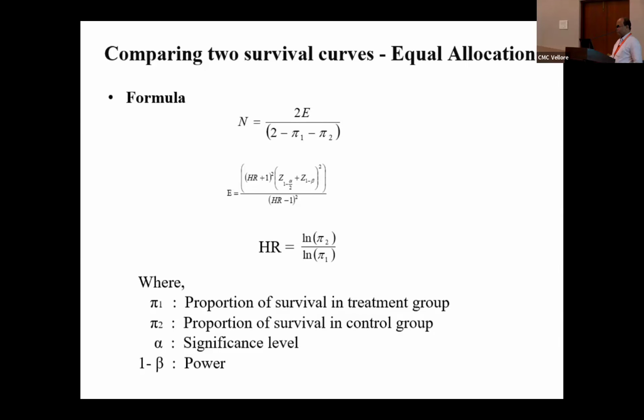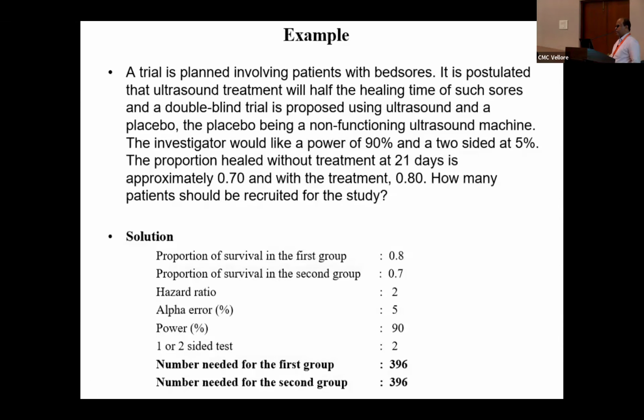It's a formula. Don't worry about this. This is the proportion of survival in the treatment group and the proportion of survival in the control group. Take the logarithm of it and you will get a hazard rate.